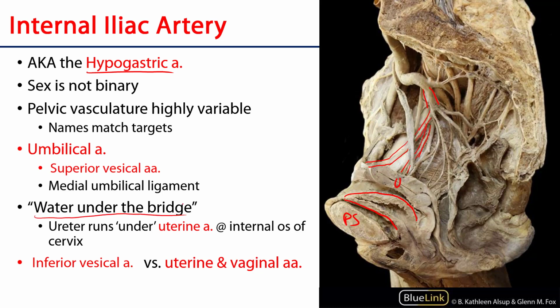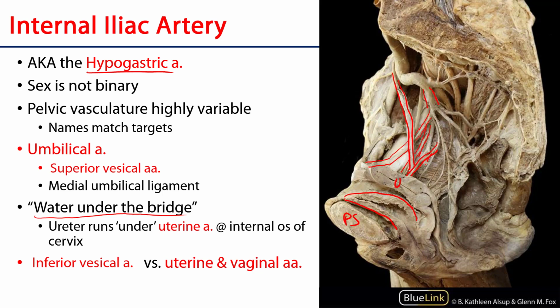And what this is describing is the relationship of the ureter, which is the water here, coming down, down, down, running under the bridge. And the bridge here happens to be this branch, which is the uterine artery.